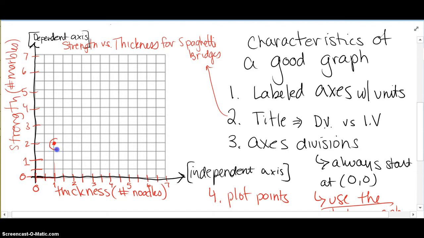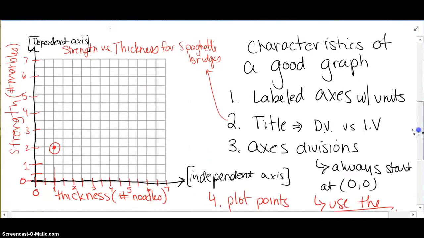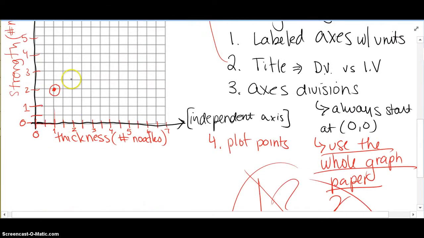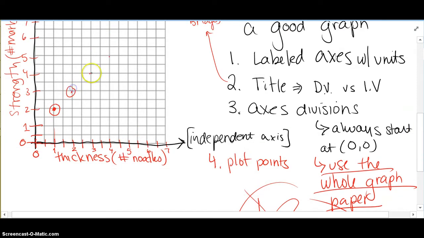And then I do what's called a point protector. I circle that dot. Then I'm going to do that for 2, 3, over to 2, up to 3, 3 up to 4, 4 up to 5. And remember, I made this data up, so I know what shape it's going to be. And I'm going to put my point protectors, and then 5, 6.